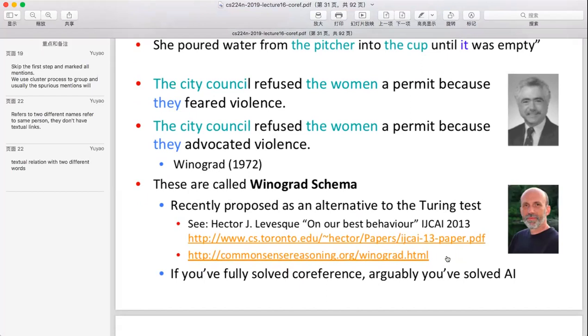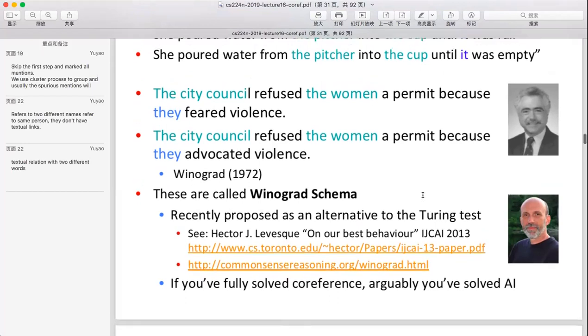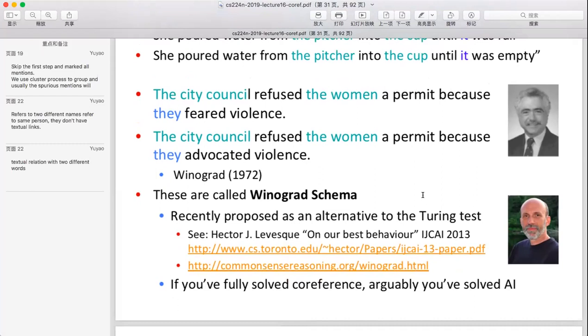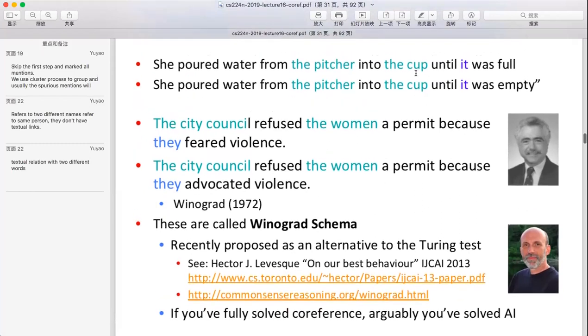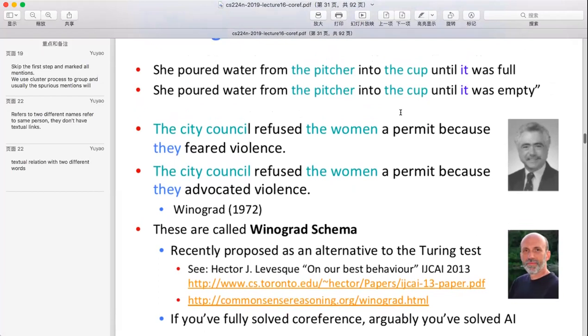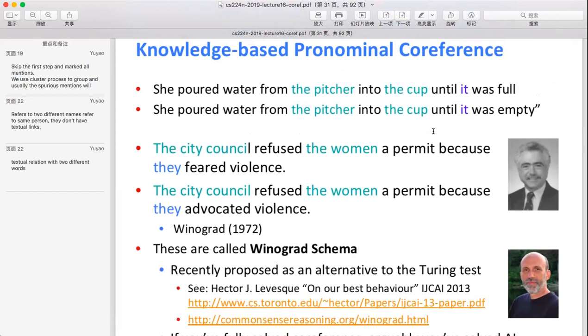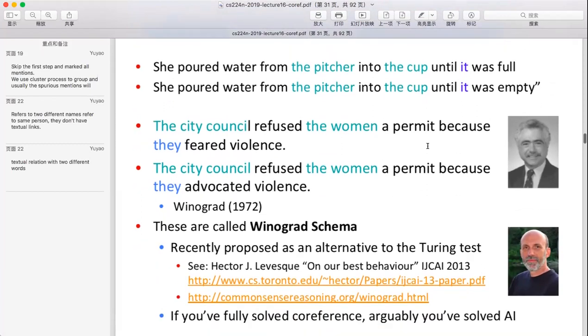In the current research, we use deep learning to train our models. The basic theory is we find all those knowledge-based sentences and group them as cases to train our deep learning models.